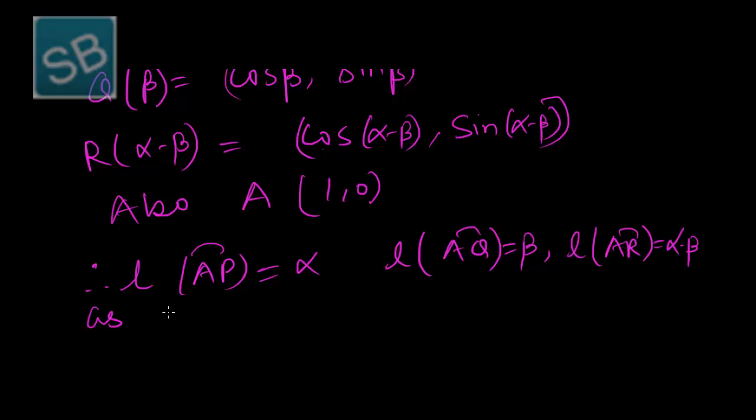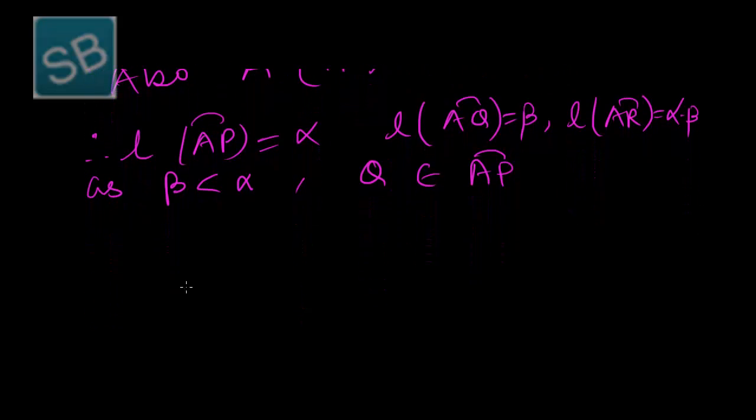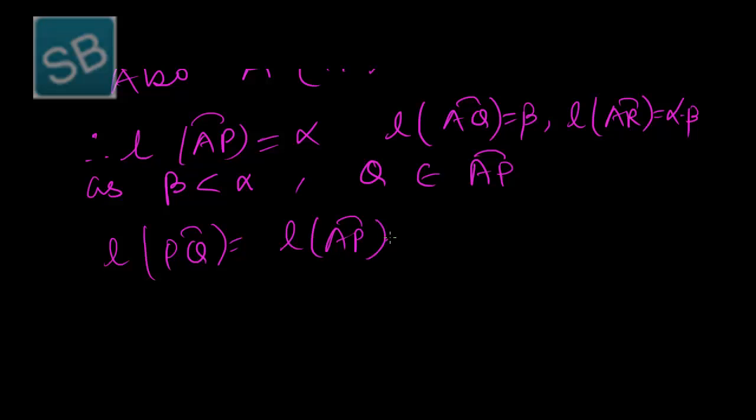As beta is less than alpha, Q lies on the arc AP. Therefore, length of arc PQ will be length of arc AP minus length of arc AQ.